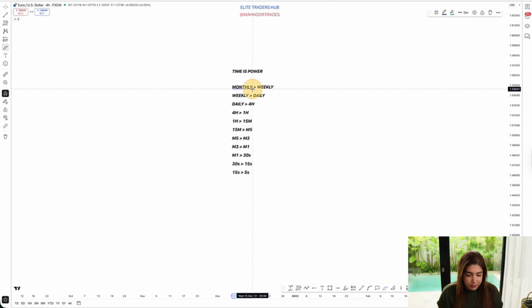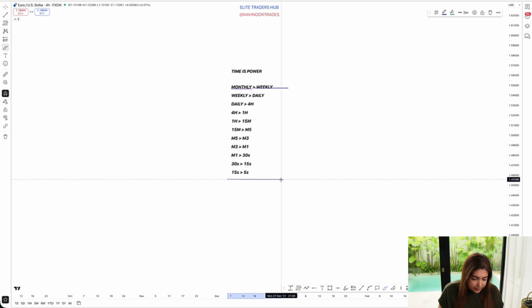Monthly price action is going to matter more than weekly, right? Weekly holds more weight than daily, and it just goes on like that all the way down to the second space. The higher the time frame, the more significance it has, simply because it takes more liquidity, more orders, more capital to form price on those time frames.